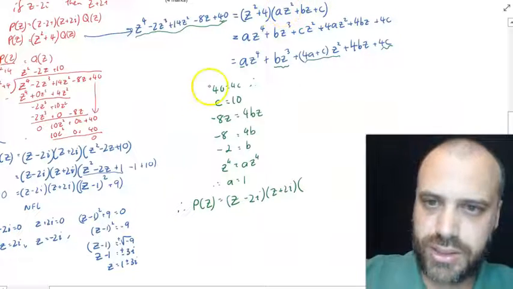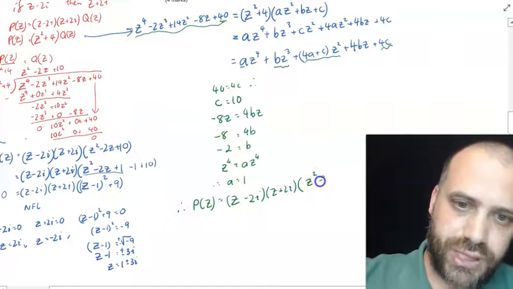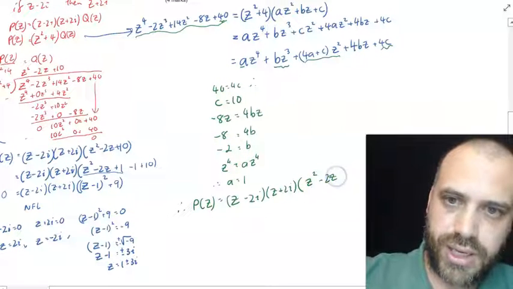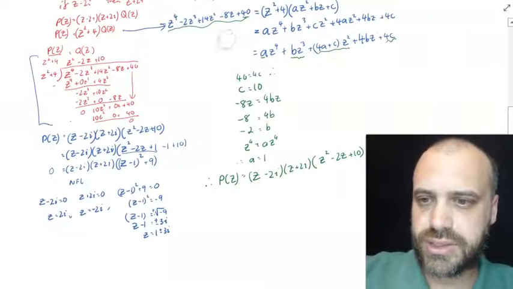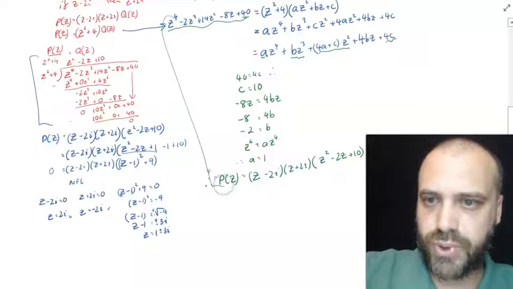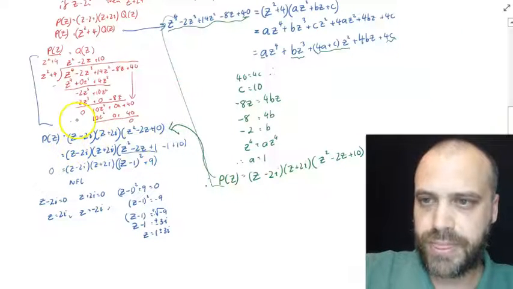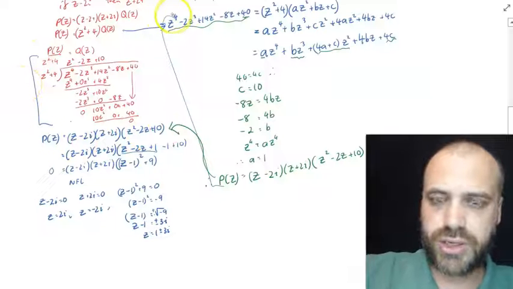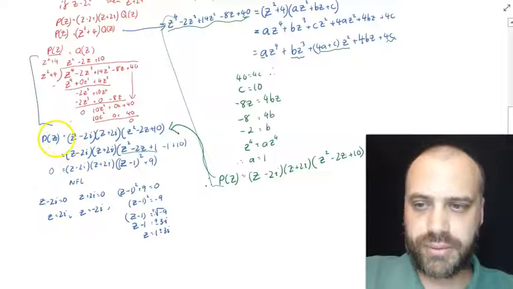But a was just 1, b we knew was negative 2, and c we know is 10. Okay, and you can see by doing that process, I've wound up in the same spot there, right? So if you don't like polynomial division, you can do this thing here. But in the end, you are going to end up in this spot.